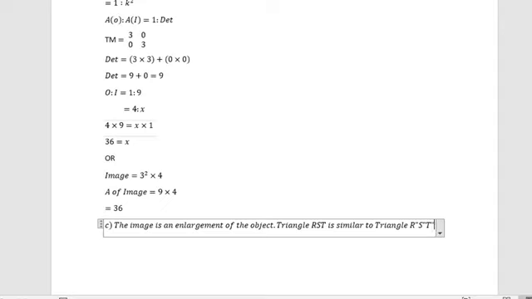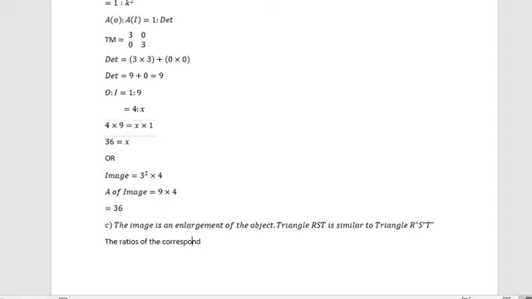And second, the ratios of the corresponding sides of the image and the object are all the same.